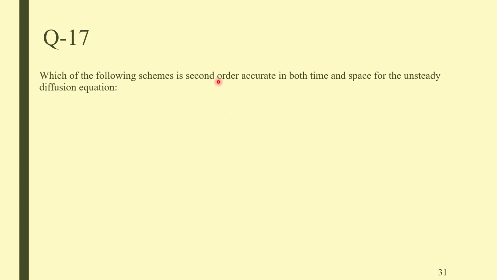So question 17. Which of the following schemes is second order accurate in both time and space for the unsteady diffusion equation? Again the options are FTCS explicit, Crank-Nicolson scheme, Dufort-Frankel scheme. It is asked regarding time and space.